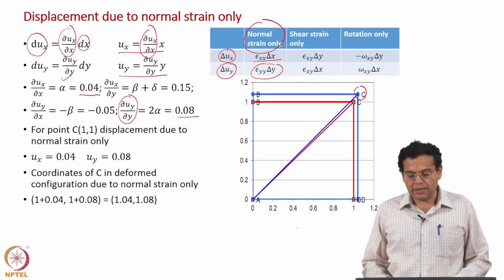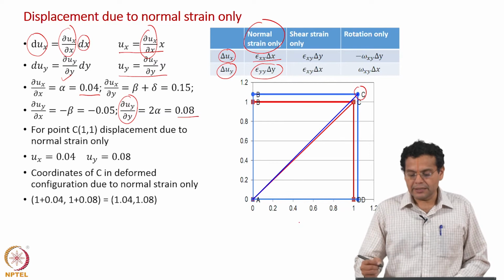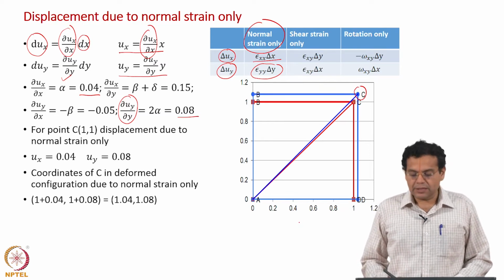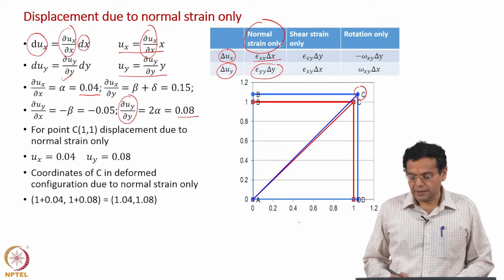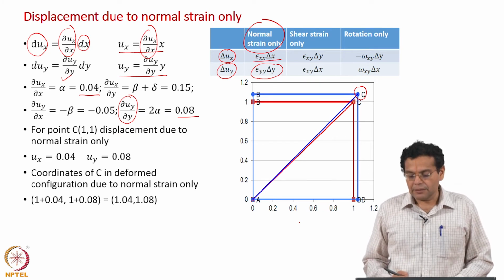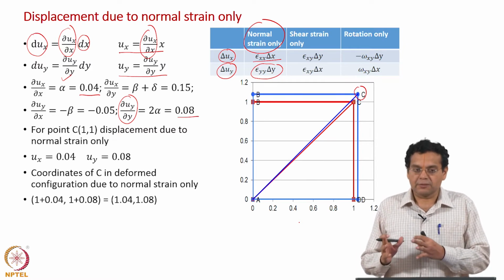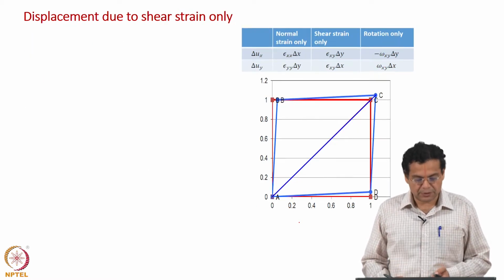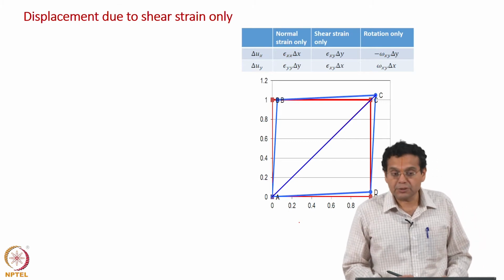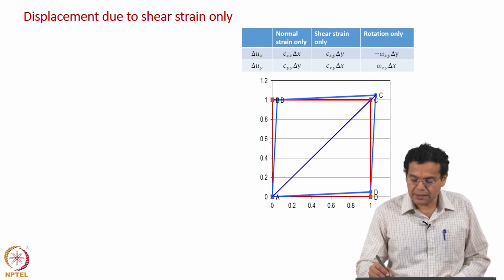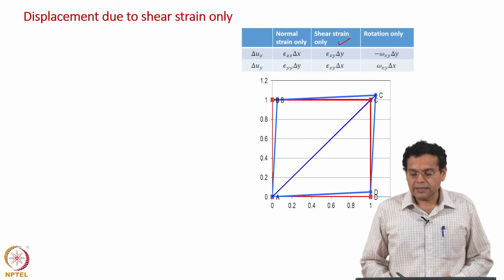C, the x coordinate is 1.04 and the y coordinate 1.08. Similarly, you can calculate for other points, and the red boundary becomes the blue boundary. This displacement is because of normal strain only. Okay. Now, let us proceed to displacement due to shear strain only, okay, which means that we have to consider the second column.